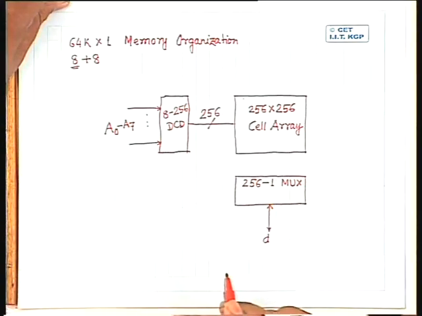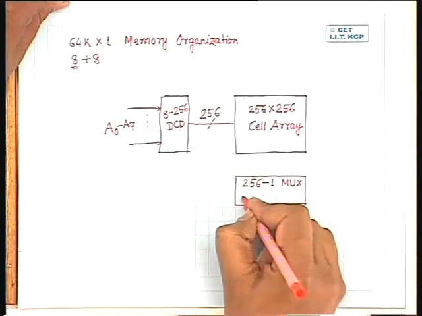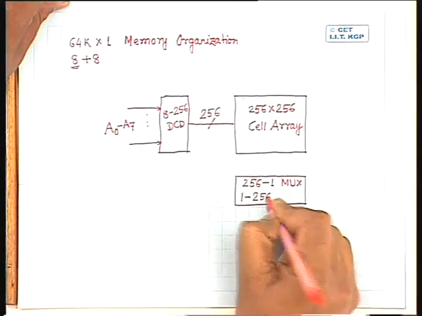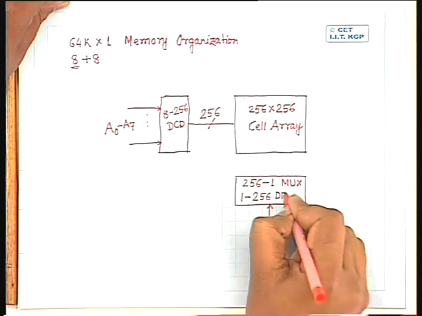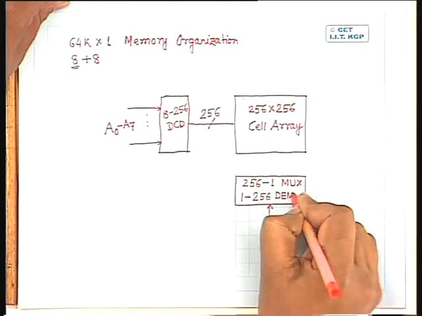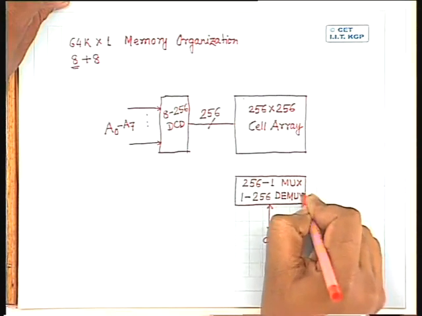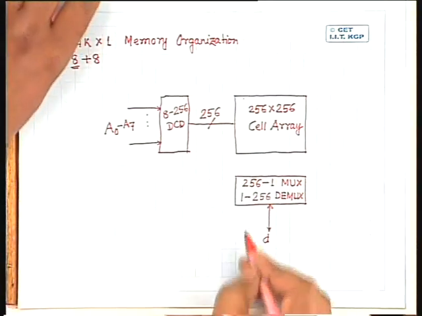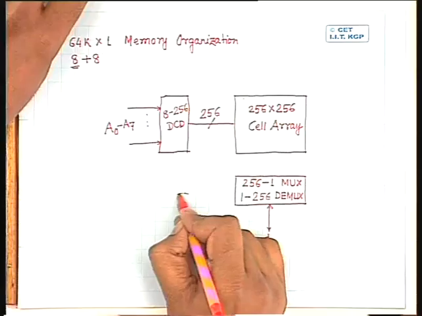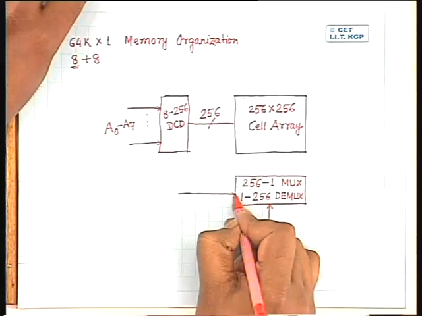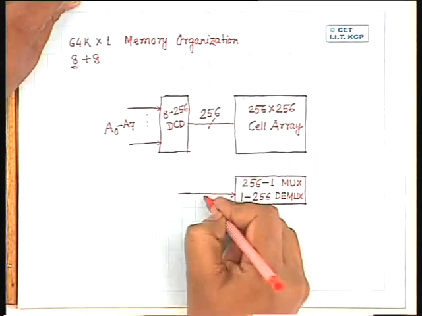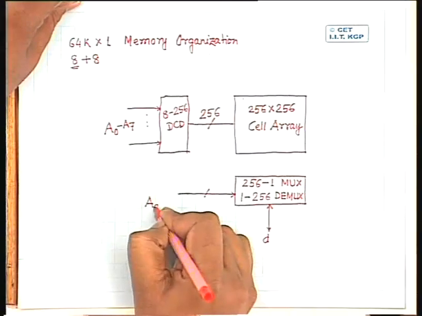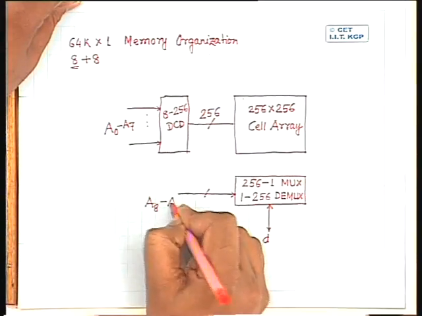For writing operation, I need just the reverse, a 1 to 256 demultiplexer. And these demultiplexer select lines actually come from the column address. So, here I will have 8 address lines named say A8 to A15.